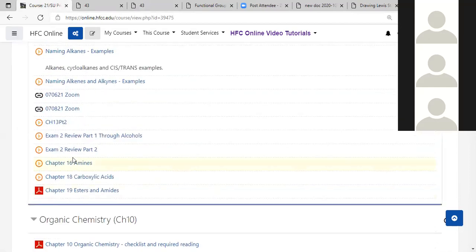This chapter 16 on amines, I recorded on the weekend just in case Zoom didn't work. It's kind of like what we went through, but it actually goes into the reactions, which we didn't even get to today. For carboxylic acids, I go through naming and reactions. This one on the esters and amides, I hand wrote out.